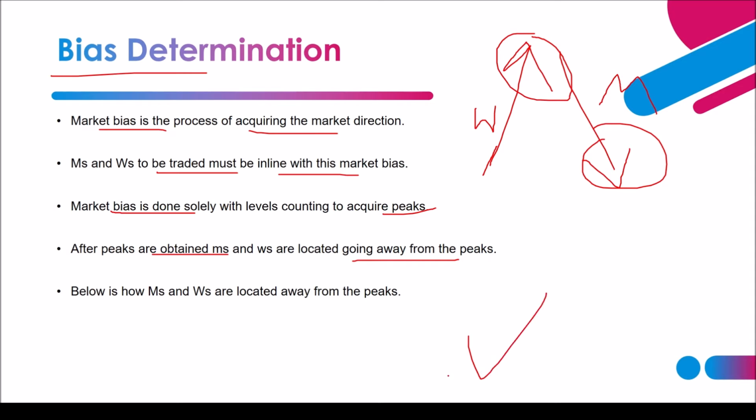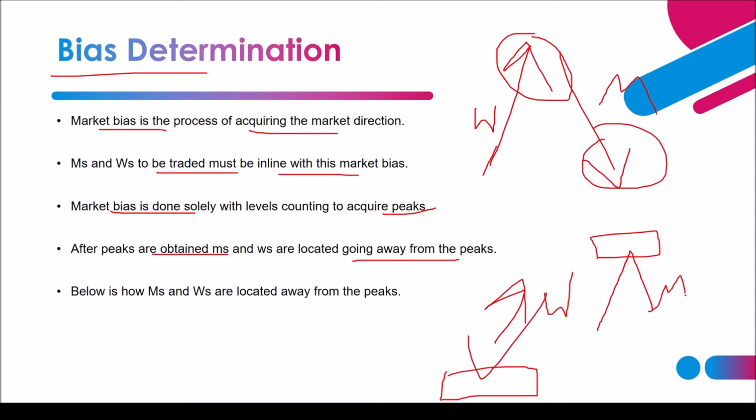If we say this is a valid peak or a valid reversal point, what we'll be looking for are W's in this particular direction. Same as if we get a peak formation high, we'll be looking for M's away from this particular peak. So the first fundamental step is to attain the bias, whether the market is going up or down, by locating these peaks.